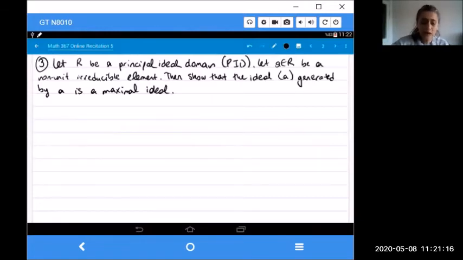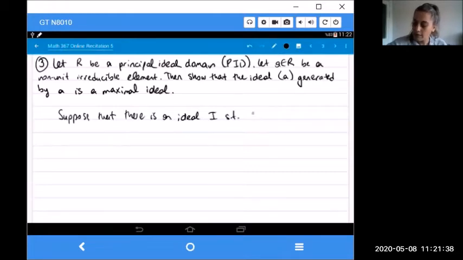Now suppose that we have an ideal I between our ideal generated by a and the whole ring R. Suppose there is an ideal I such that we have this inclusion.